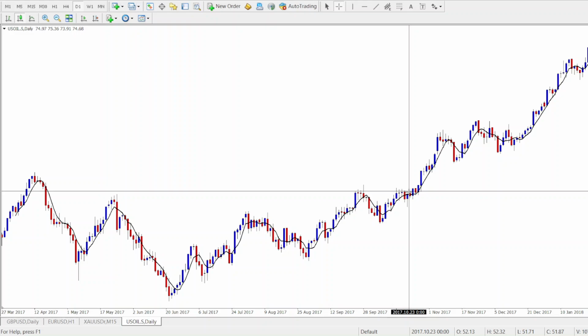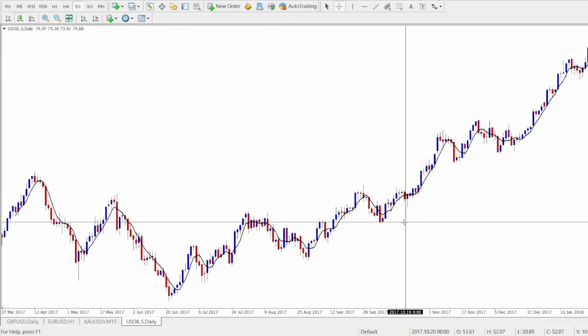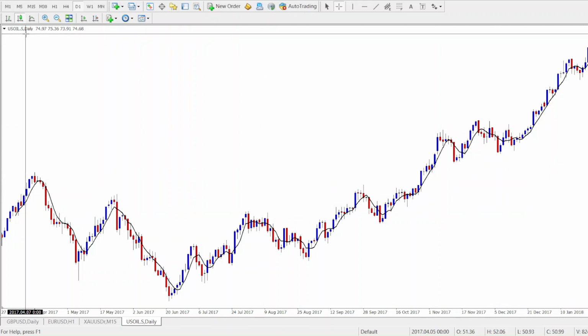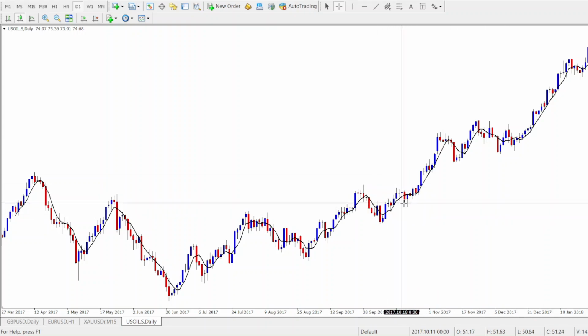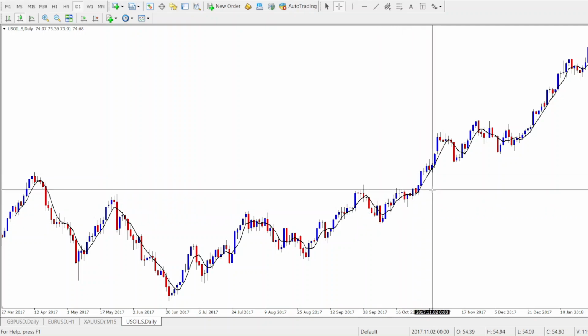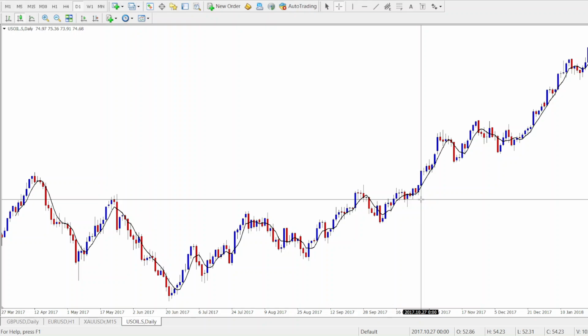So for example, if day one closed at $50, this particular asset is US oil, we can see the price around here. From the 5 days that the moving average is using to make the calculations, as time goes on, it keeps on making the calculations over more days.